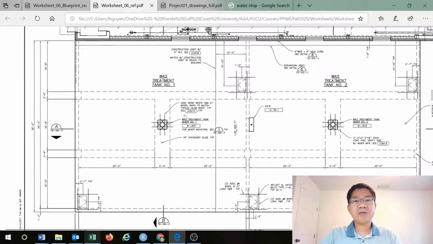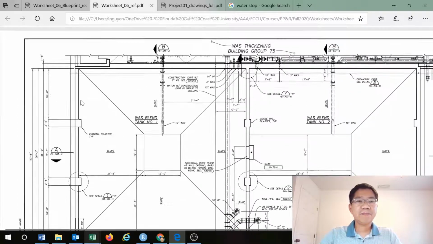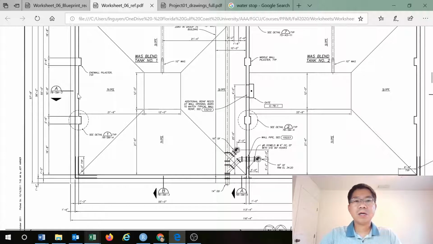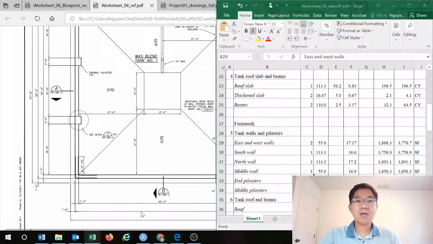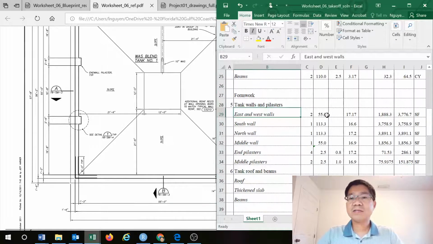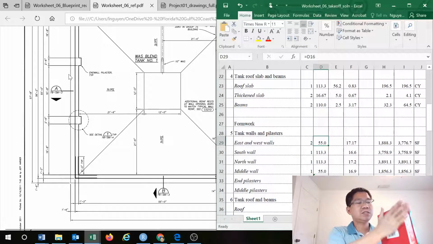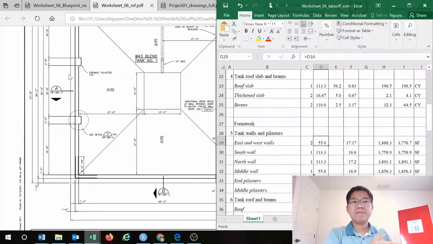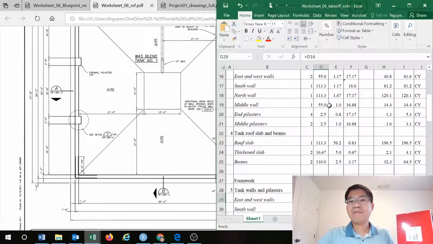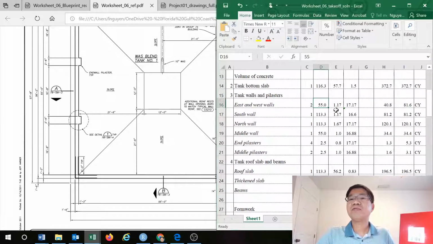Now let's talk about the east and the west wall, and what we have in here. You see that east and west 55. So here it means that for this side I have 55, and you can utilize the number we have in there for the wall for the concrete, right?